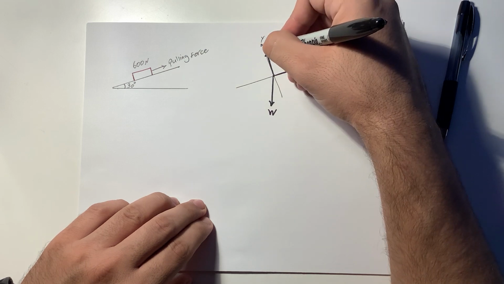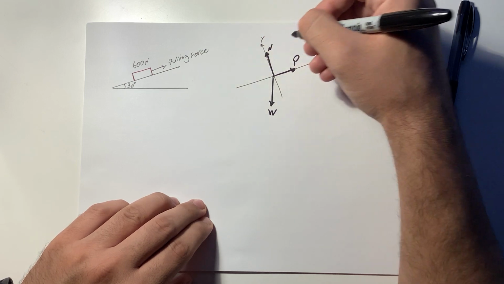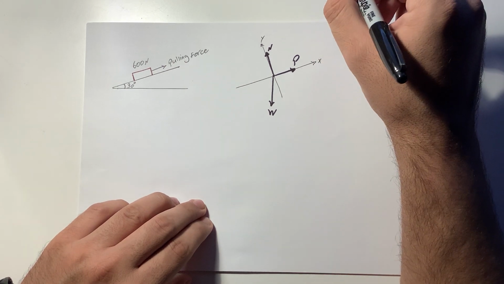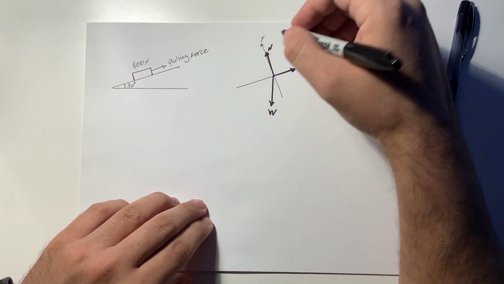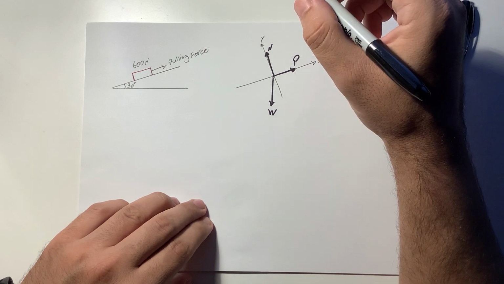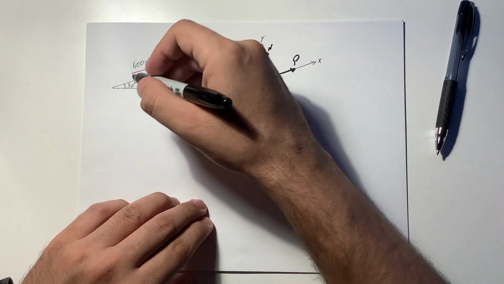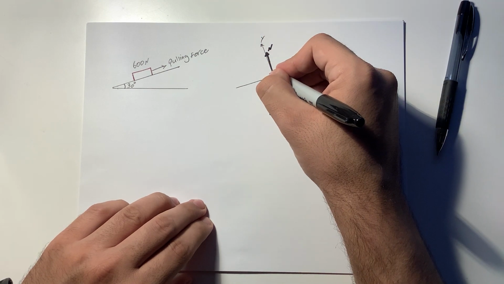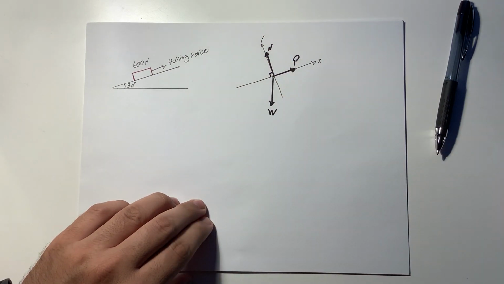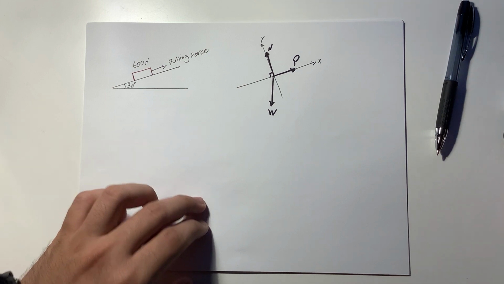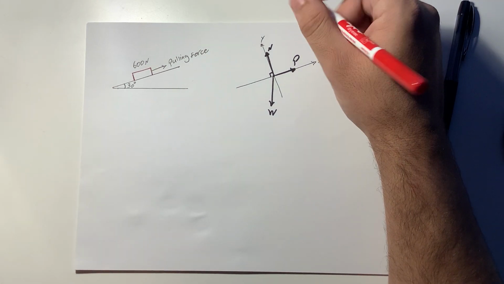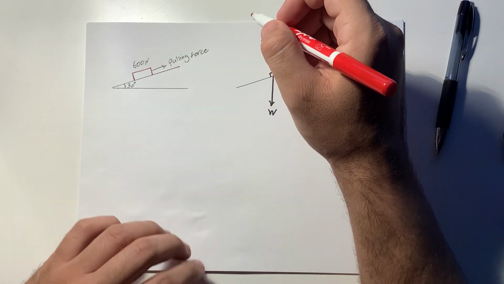That force is called N, and we call it the normal force. One thing to keep in mind is the normal force always is perpendicular to the surface, so this is a right angle right here. These are all the forces that we have acting on this object.